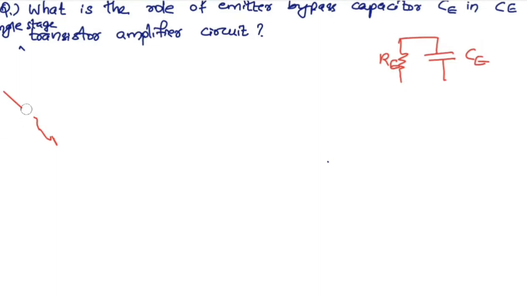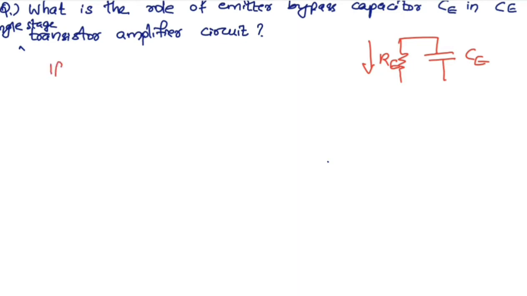If we are not using CE, the amplified AC signal will flow through RE, and it will cause a voltage drop across it, thereby reducing the AC output voltage and hence the voltage gain of the amplifier.